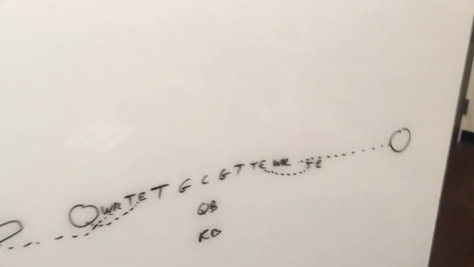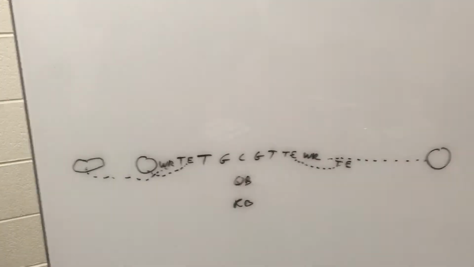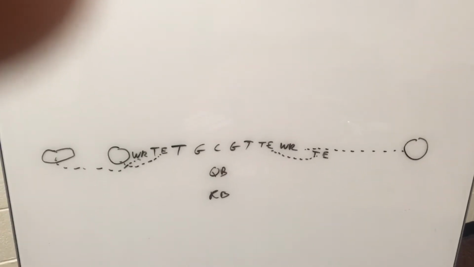Now, what that does is it puts the defense in a more stressful situation because now they have to spread out. They have to think about where they're going to put their players in this particular situation. They have to make sure that they have enough room and enough space and the angular leverage to be able to defend not only short passes but also long passes.